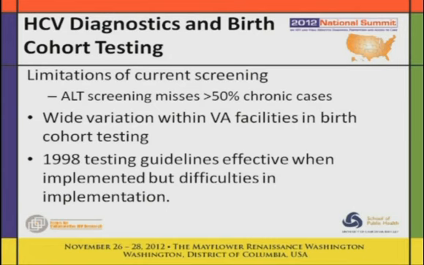Once again, there were challenges with uptake of HCV testing, and discussion around how we've been in a similar place in the past with HIV testing, and how we can apply our lessons learned from adopting routine HIV testing to take on routine HCV testing using the birth cohort algorithm.